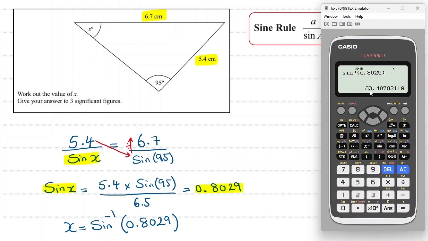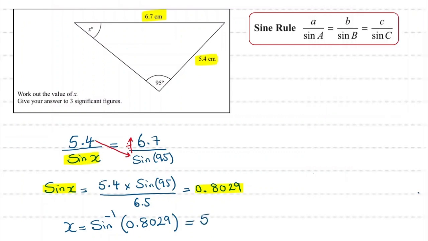That gives you the angle. The question says give your answer to 3 significant figures. So we write the angle to 3 significant figures, which is 53.4 degrees, correct to 3 significant figures.